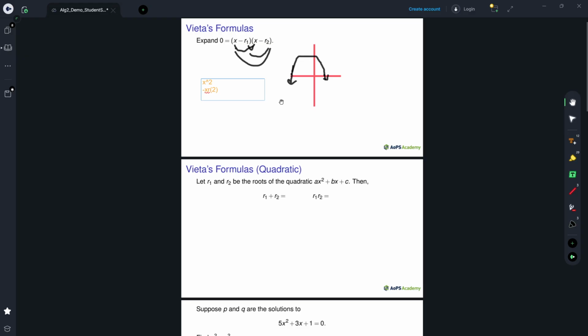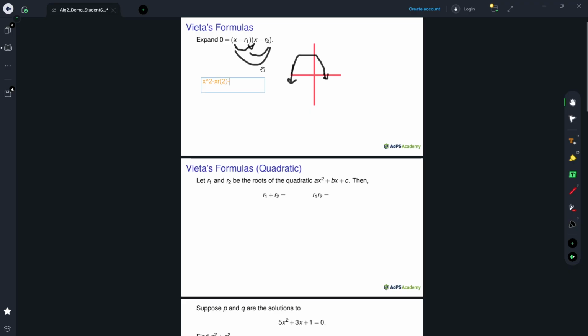So the next one is going to be the inside, which is minus r1 times x, and keep in mind there's a negative sign. So what's going to be that one? Yes, it's going to be minus x r1.